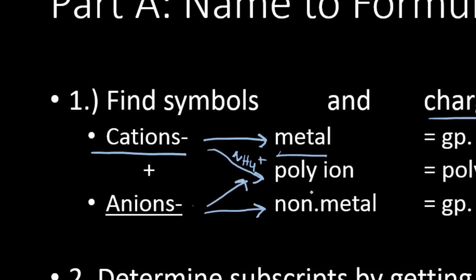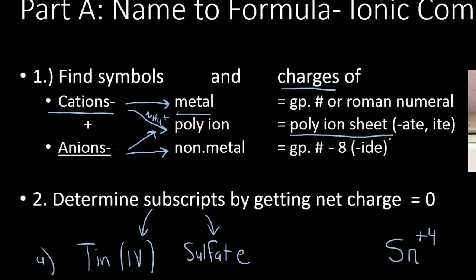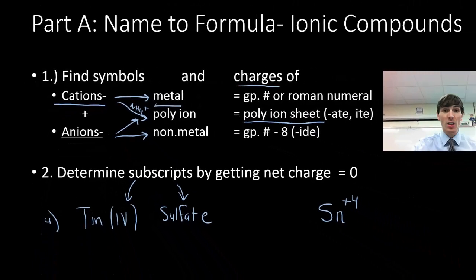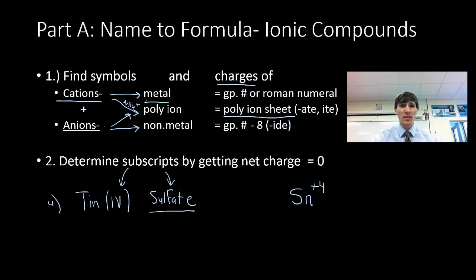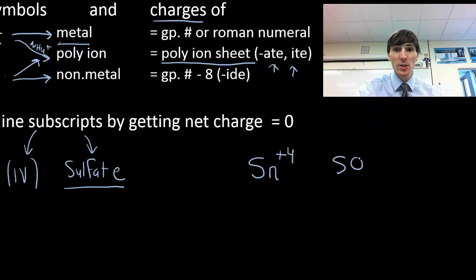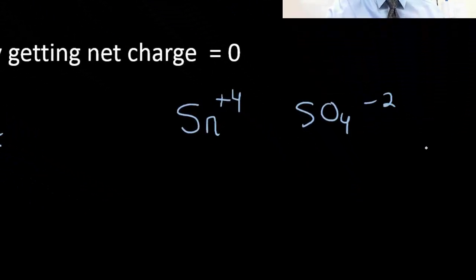If it's a polyatomic ion, I need to look at my polyatomic ion sheet to figure out the symbol and charge. Sulfate turns out to be a polyatomic ion. A good clue is that if it ends in ate or ite, it's always going to be a polyatomic ion. So you need to look at that sheet and find the one you're looking for. Sulfate, I look it up on my table, it's SO4 minus 2.